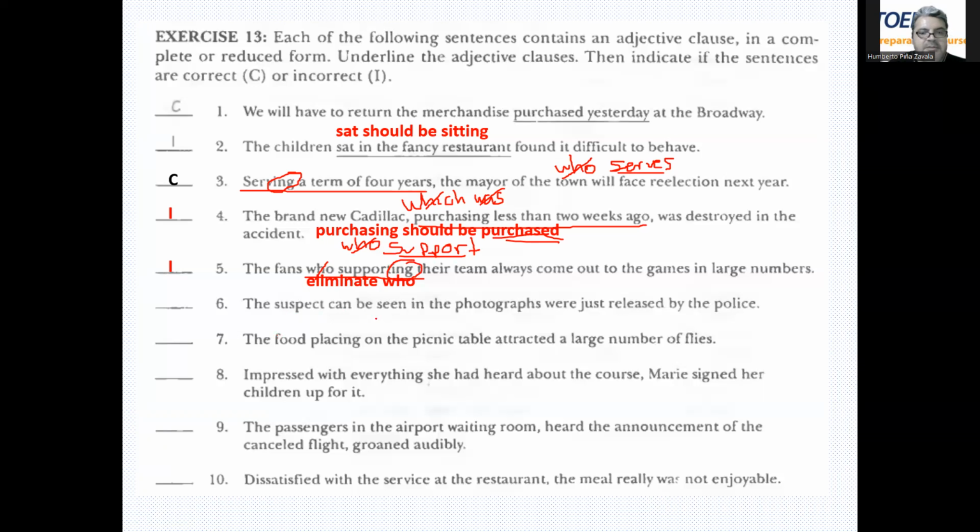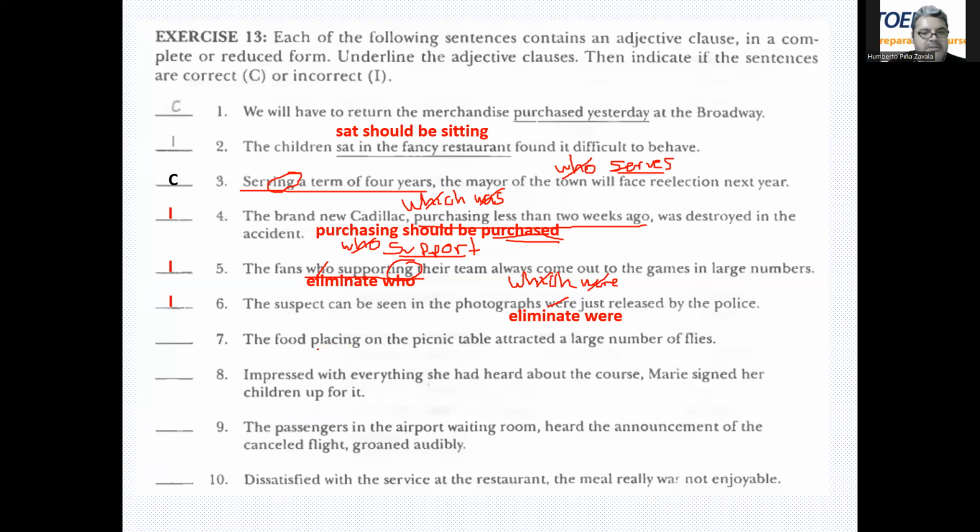The suspect can be seen in the photograph were just released by the police. Okay, we have a problem here because the suspect can be seen in the photographs just released by the police. Right, we eliminate were. This is "which were." So we eliminate which, we eliminate were.